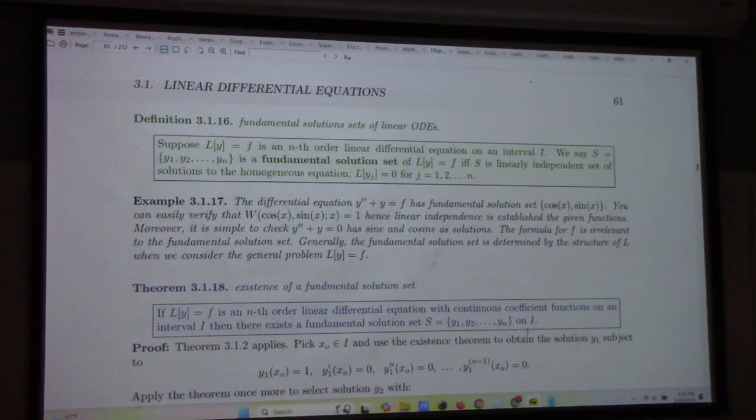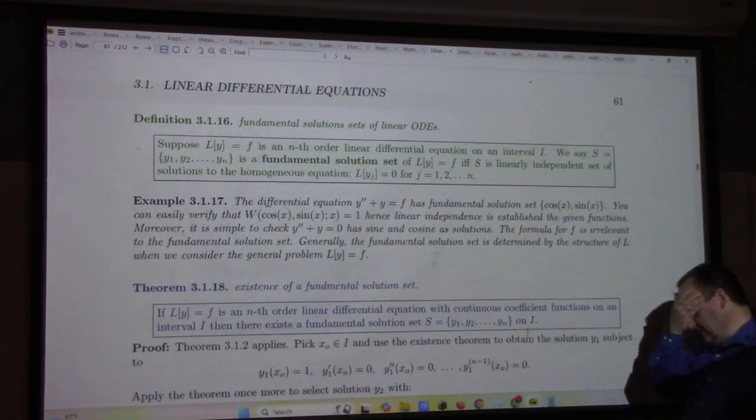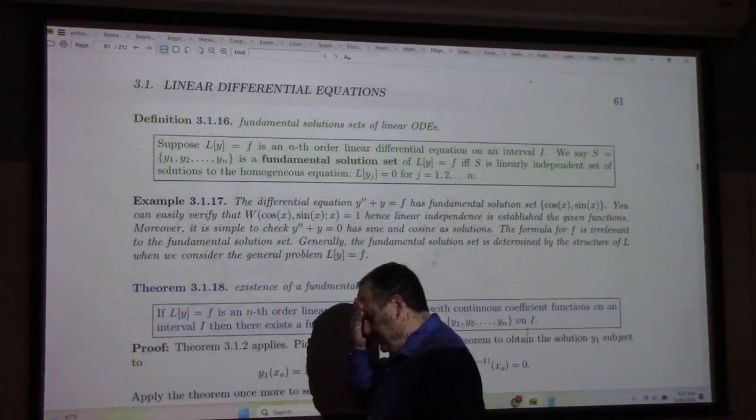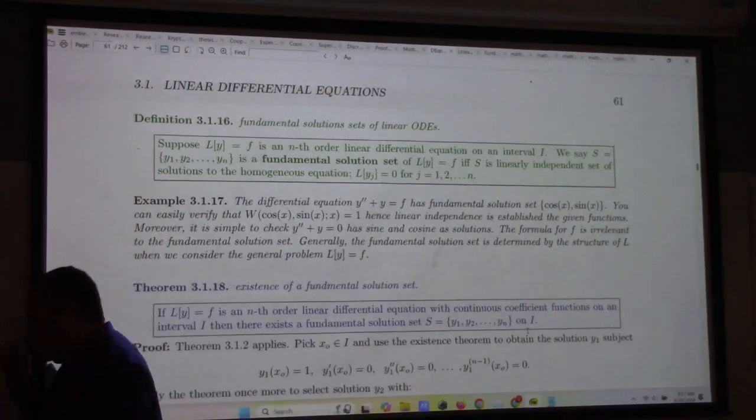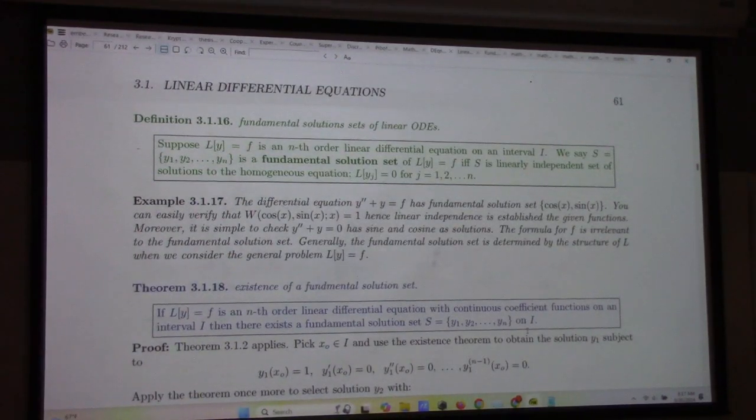So last time I shared with you the existence and uniqueness theorem: given any nth order differential equation, if the coefficient functions are continuous, then there exists a solution to the initial value problem.